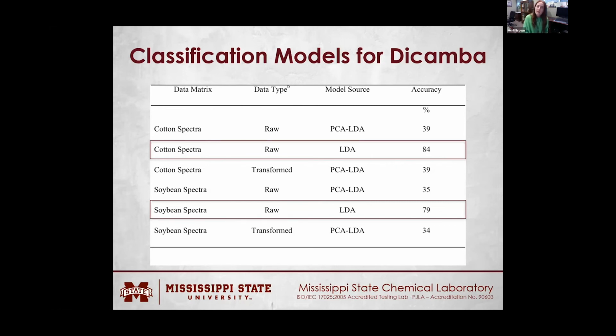So our accuracy dropped from our benchtop, ground truthing experiment, but still much better than just having to take a wild stab at it or not being able to determine that.